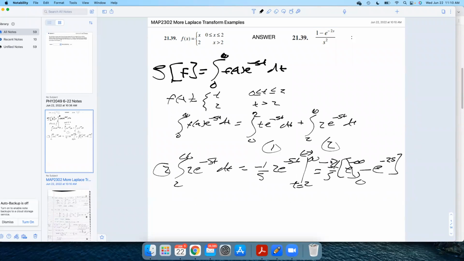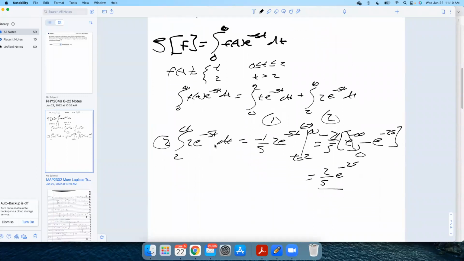So I've got this -2 over s out here times this other negative. I think we just get 2 over s e to the negative st, or negative 2s. Okay, that's just this part.